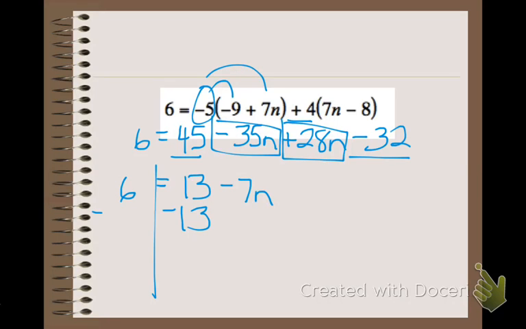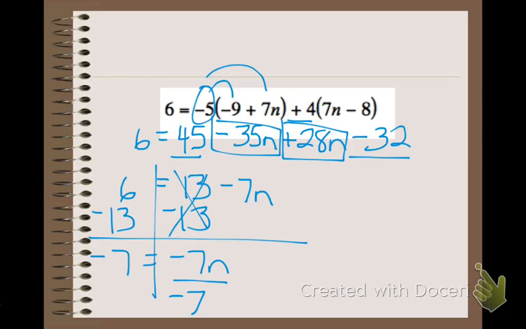Subtract 13 from both sides. I notice on the left that I have 6 minus 13, so that's going to give me a negative number, negative 7. Negative 7 equals negative 7n. Divide both sides by negative 7 and we get n equals 1.